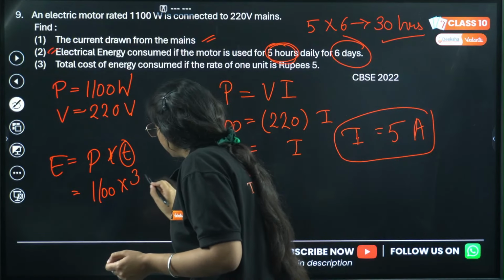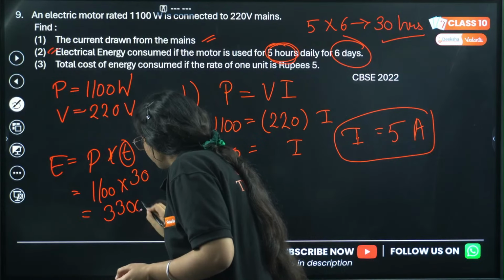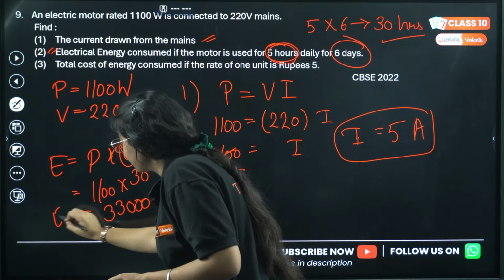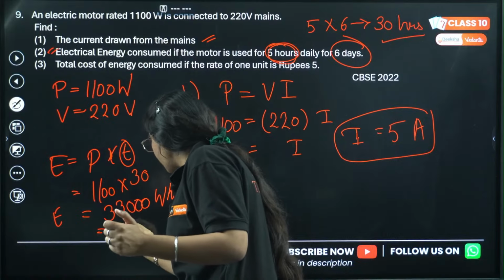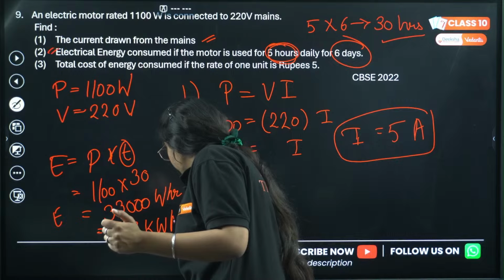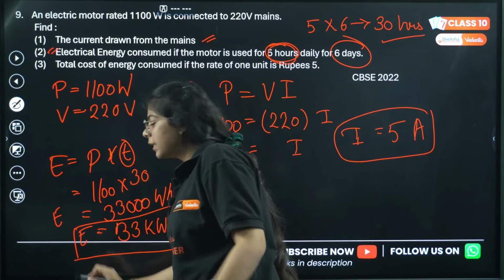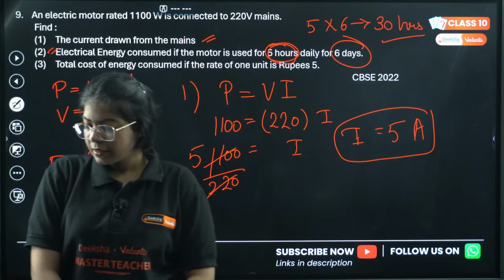So we can just multiply by 30 and we will have 33,000 watt hour electrical energy, and we know we need to convert it into kilowatt hour. So this will be 33 kilowatt hour. Correct? The electrical energy comes out to be 33 kilowatt hour. Correct?